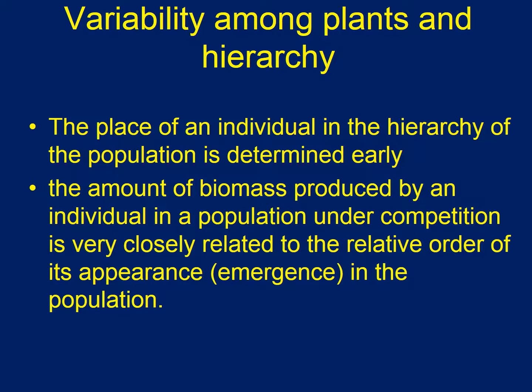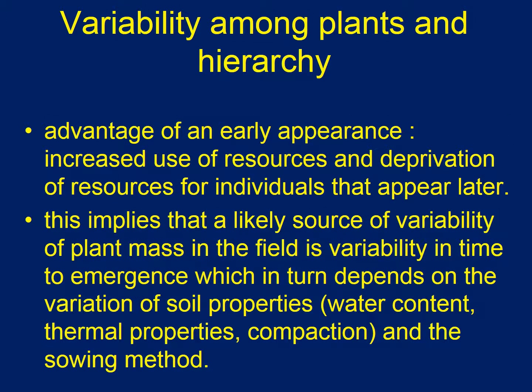So plants emerging earlier will be larger than plants emerging later. The advantage of an early appearance is the increased use of resources, because more resources are available if you arrive early, and the deprivation of resources for individuals that appear later.